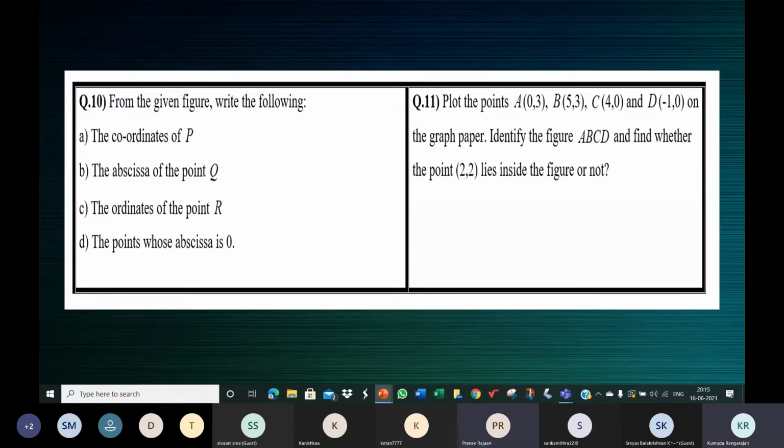Ignore the 10th one. Do the 11th one. Internet problem, I did not hear, ma'am. Okay, fine. I have no issues in repeating. I said ignore 10, do 11.